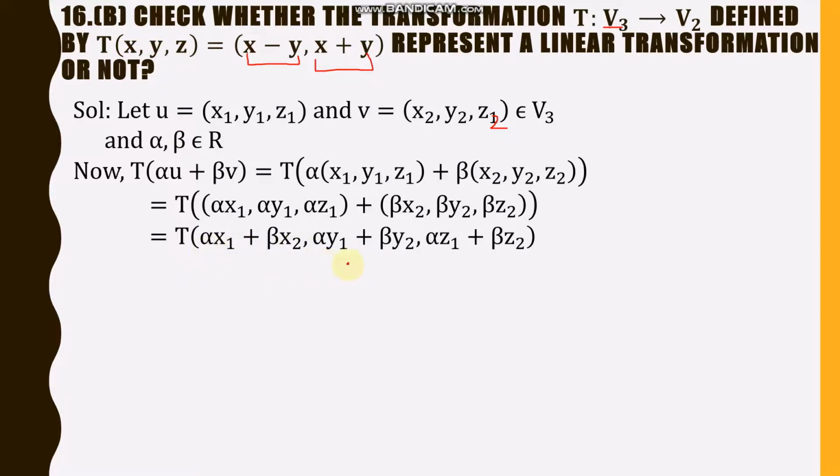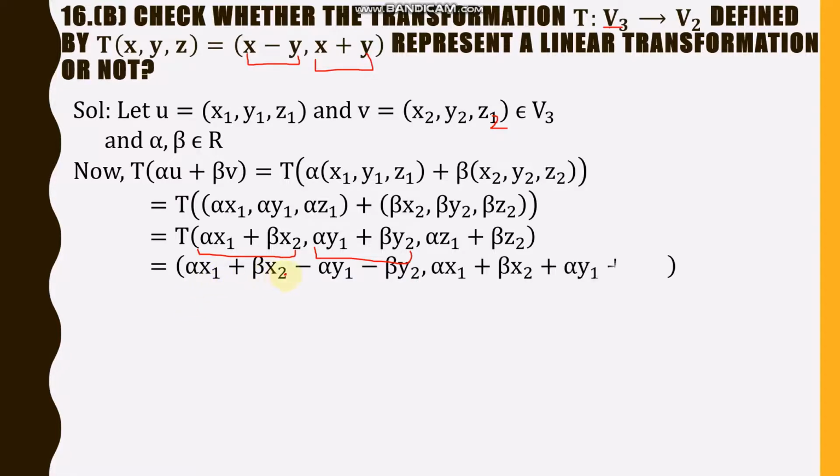So the same thing we'll do here. This three-tuple will be changed to a two-tuple, in which the first element of the two-tuple will be the first element minus the second element. First element here is this and second element is this. So let's do it. Alpha x1 plus beta x2 minus alpha y1 minus beta y2, second element is first element plus second element.